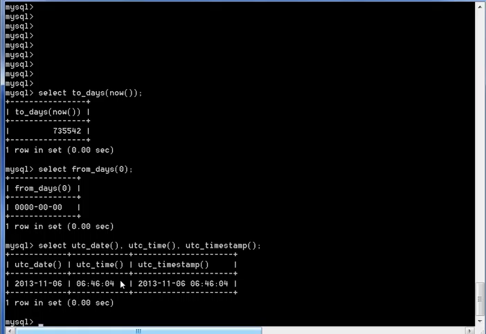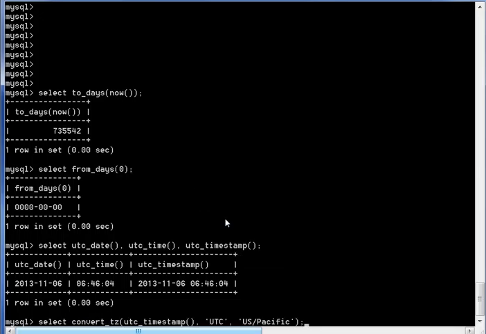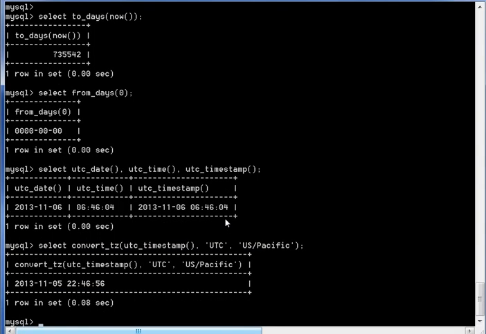And then to go with them, we have CONVERT_TZ, which takes a date time and a from time zone and a to time zone expressed in string form and converts the date time from the first time zone to the second one. So, for instance, if we're in Pacific time, then the call CONVERT_TZ, UTC_TIMESTAMP, then from UTC to the time zone US/Pacific gives us the same outcome as now.